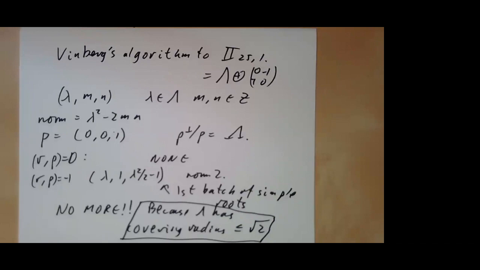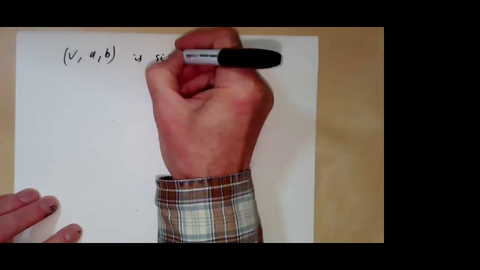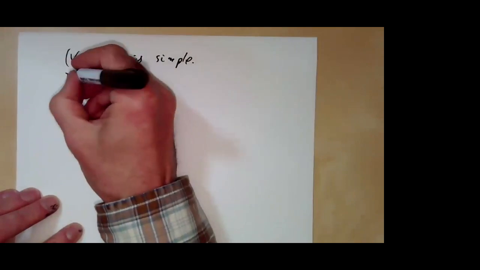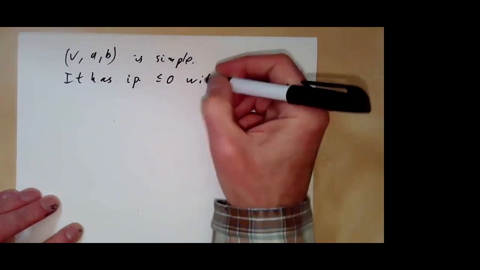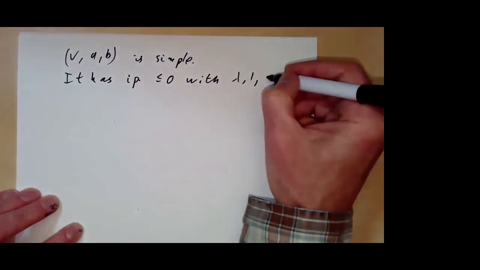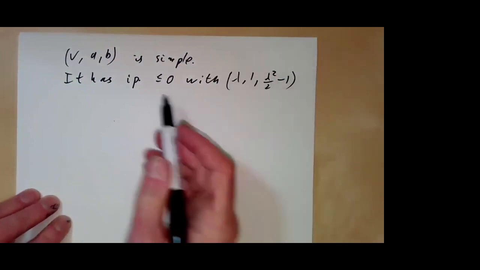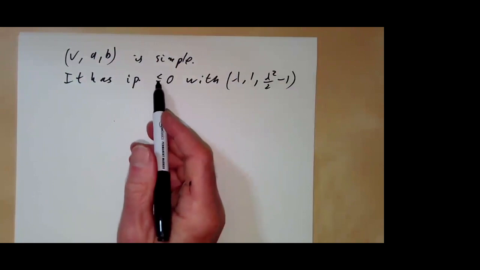The reason for this is that, suppose (v, a) is simple. Then it has inner product at most 0 with all the simple roots (lambda, 1, lambda squared over 2 minus 1). So this is the condition of Vinberg's algorithm, that any 2 simple roots must have inner product at most 0.